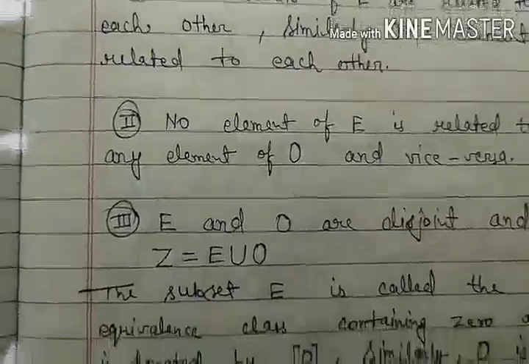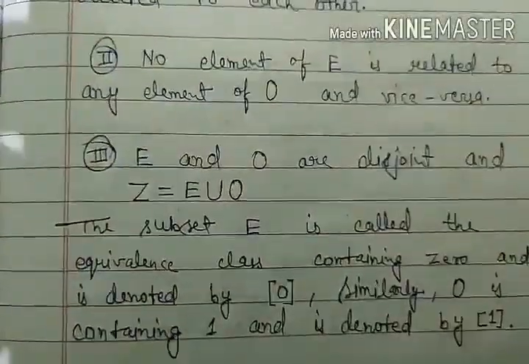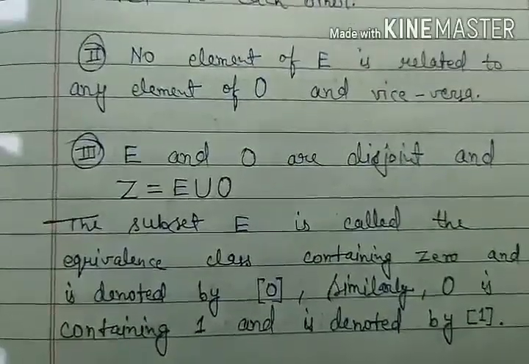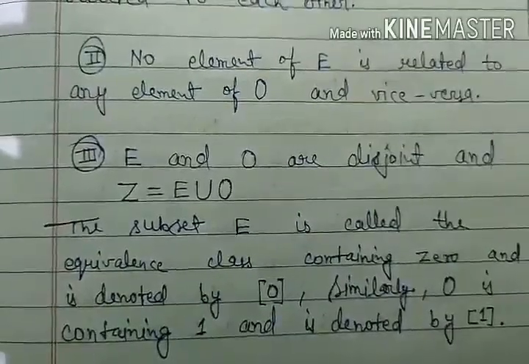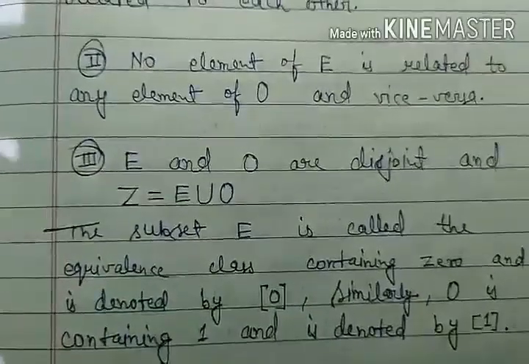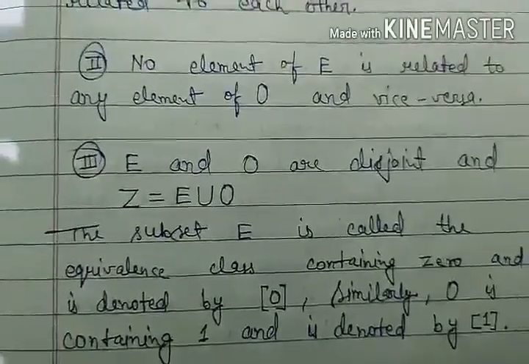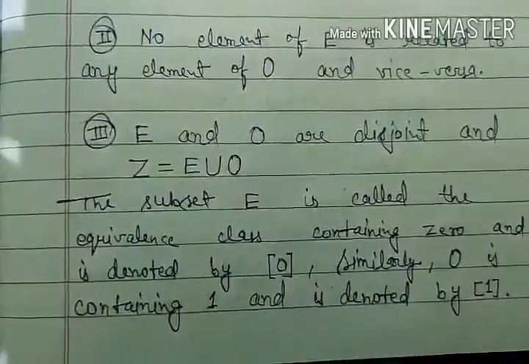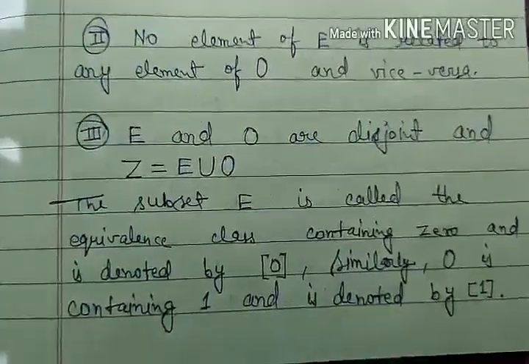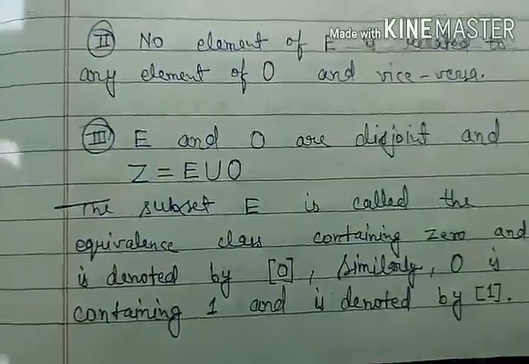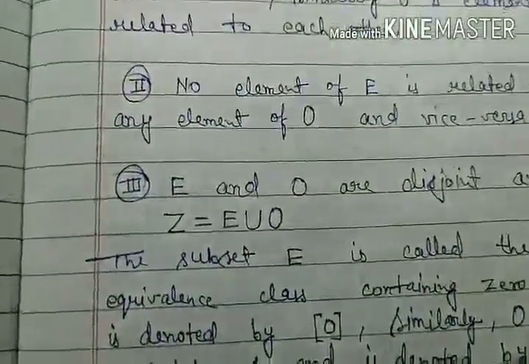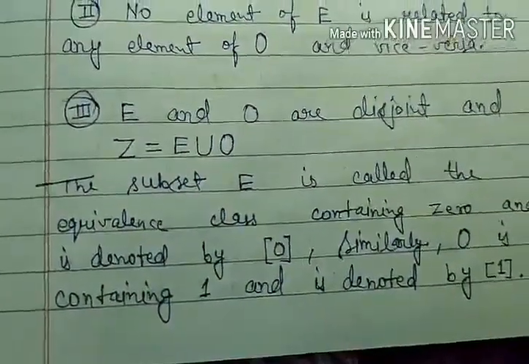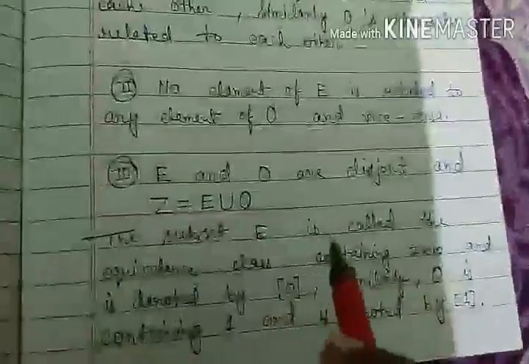The subset E is called the equivalence class containing 0 and is denoted by [0], in square brackets. Similarly, O contains 1 and is denoted by [1] in square brackets. Here you must try to understand why we are taking 0 as the equivalence class.